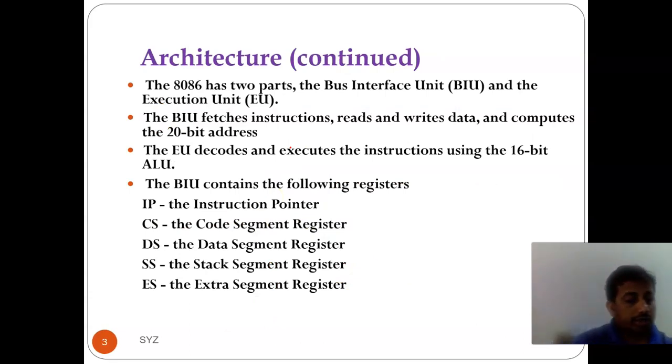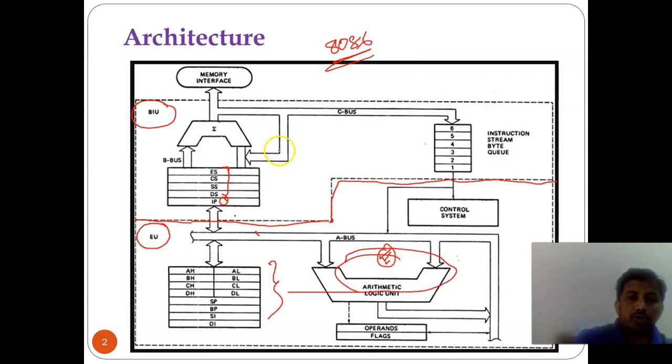As I just told you, the 8086 microprocessor has two main units. The first one is the bus interface unit and the second one is the execution unit. The bus interface unit fetches the instructions, reads and writes the data and computes the 20-bit address. How does it compute the 20-bit address?